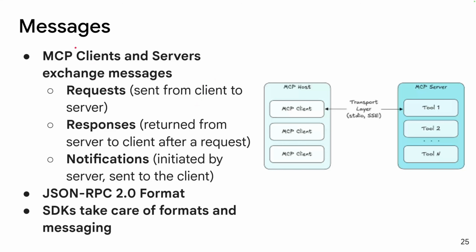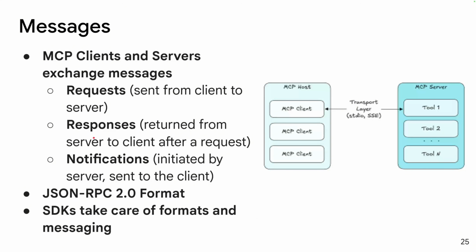How do the client and the server communicate with each other? They exchange messages. There will be something we call a request. A request means the client will send something to the server. Then the server will respond with a result to the client.